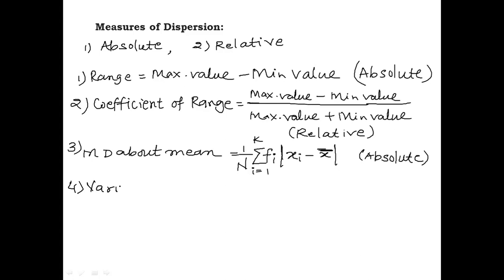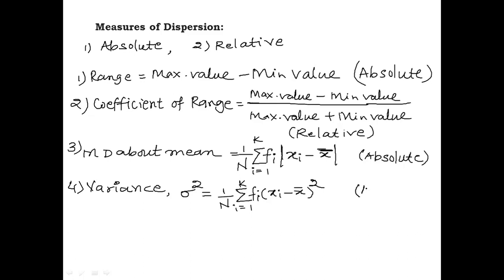Then the next is variance. Again, I am not going to explain in very much detail. Variance is denoted by sigma square, and the formula is: xi minus x bar whole square, multiplied with fi, summed over all the k groups, and divided by capital N. If individual observations have unit kilogram, then variance will have unit kilogram square.